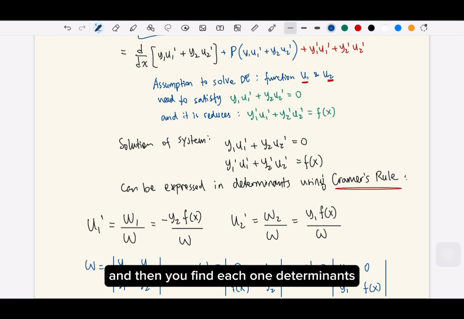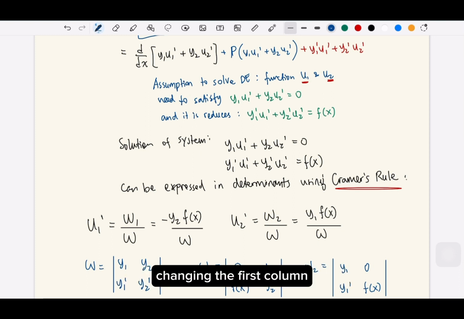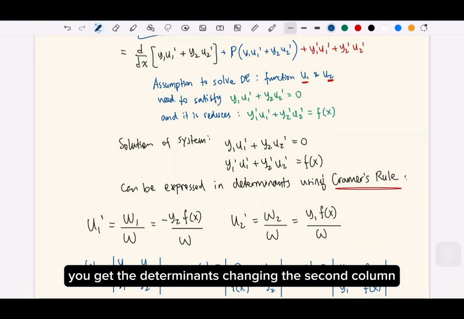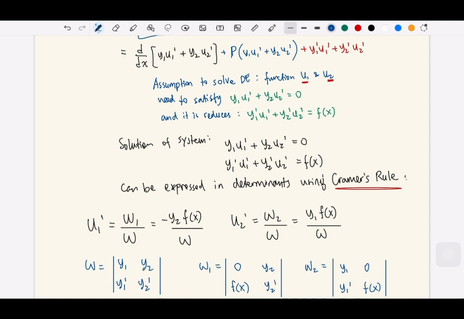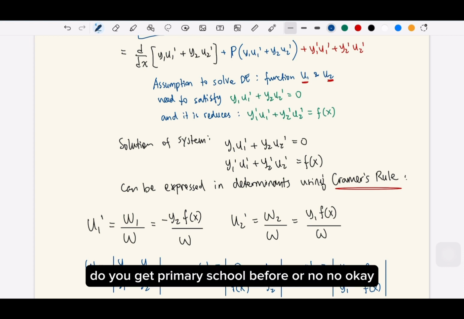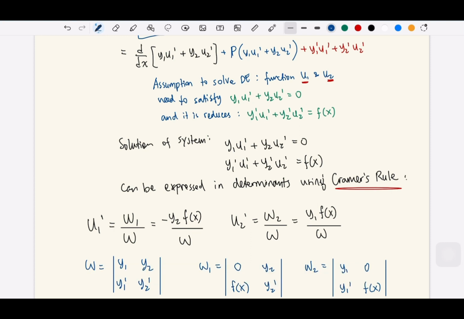Then you find each determinant by changing the first column, and changing the second column, and divide by the determinant of the system of equations. Okay, that's Cramer's rule. Did you learn Cramer's rule before, or not? No? Okay, then just look at this.